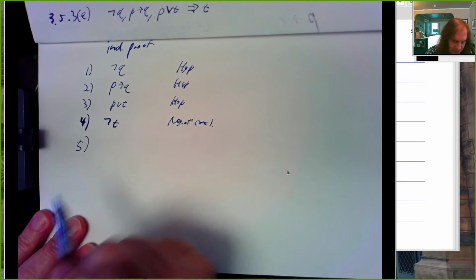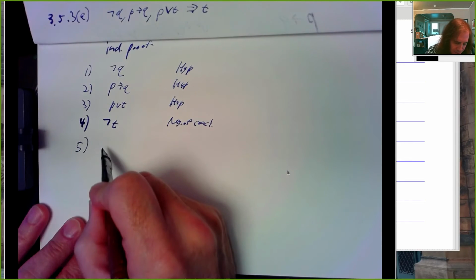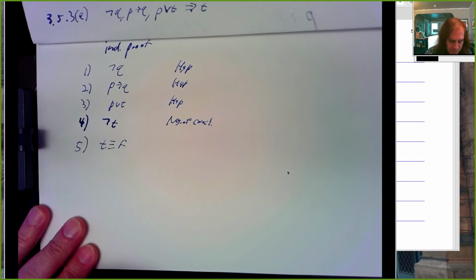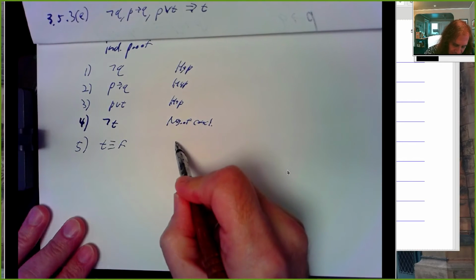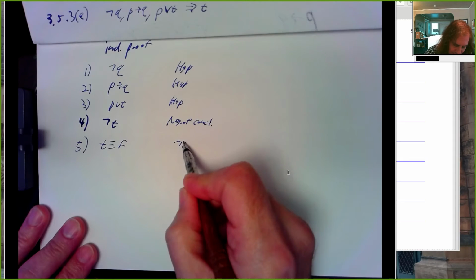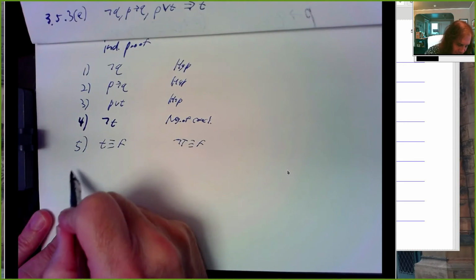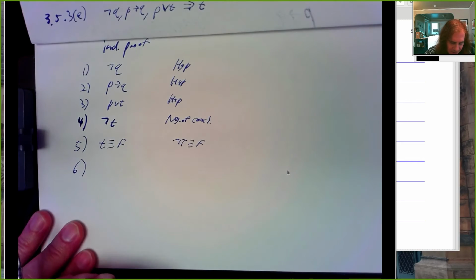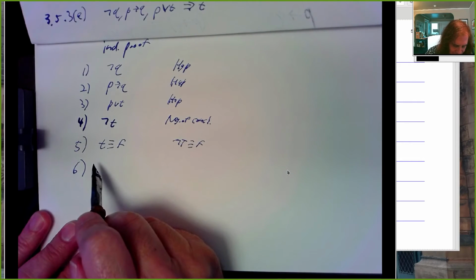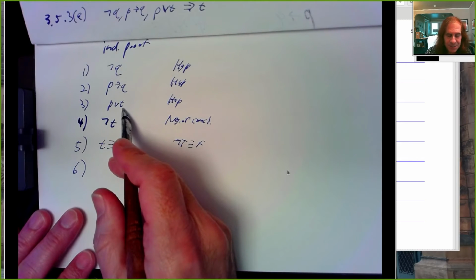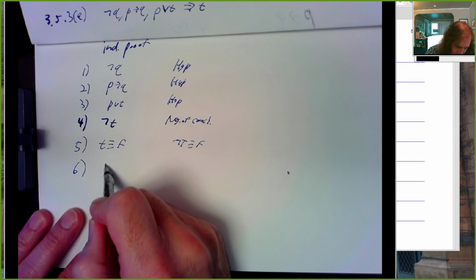Well, if not T is true, then T is false. And the reason for this is the negation of true is false. I shouldn't be using T in both places, but you know, big T, little t. All right. Well, if T is false and I know that P or T is true, then I know that P must be true.